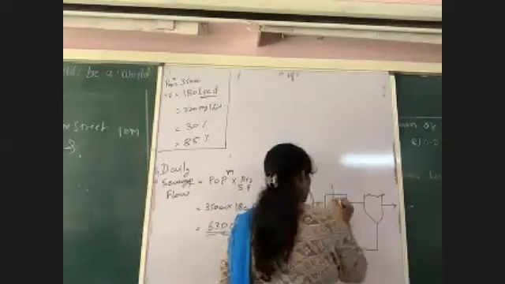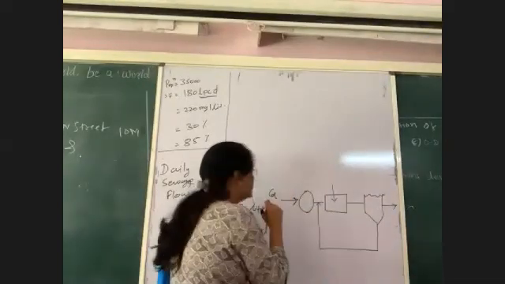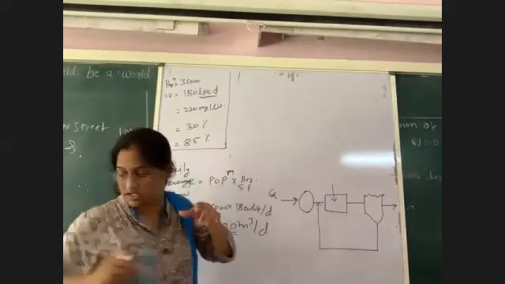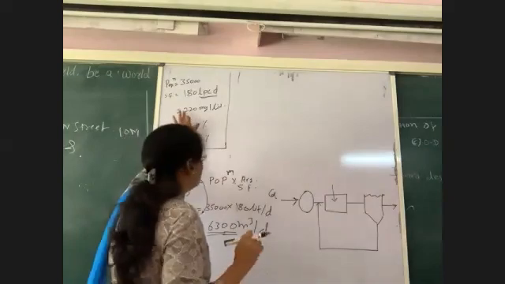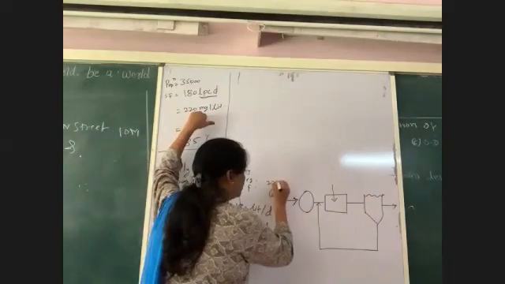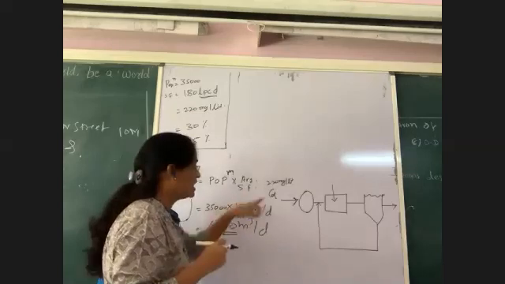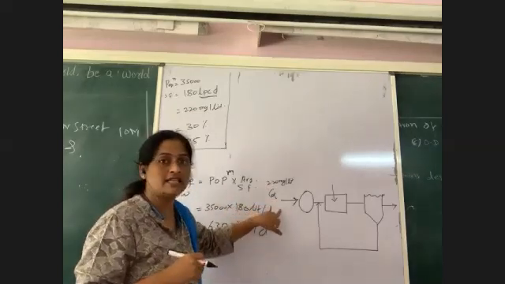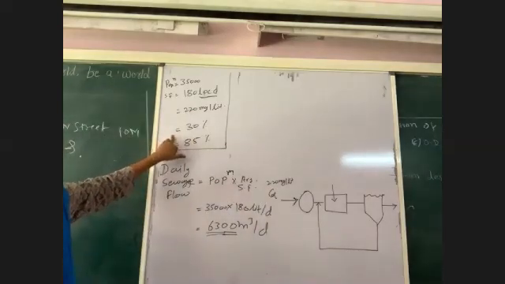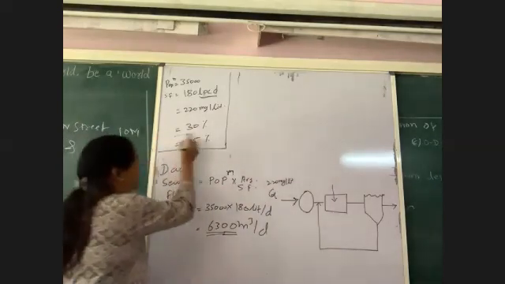Here we are going to add air. The sewage flow is Q, and the applied BOD in the sewage is given to you as 220 milligram per liter. The second sentence says BOD removed in primary treatment is about 30%.